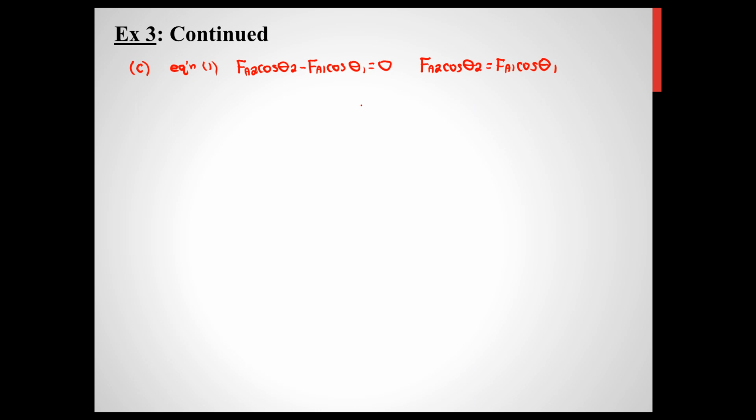I'll do one more step right here. I'm just going to isolate Ft2. So I'll divide both sides of the equation by cos theta 2. And then Ft2 would be equal to Ft1 cos theta 1 divided by cosine of theta 2. I'm going to box this equation, and I'm going to call it equation 3.